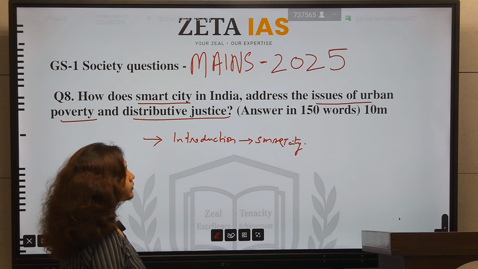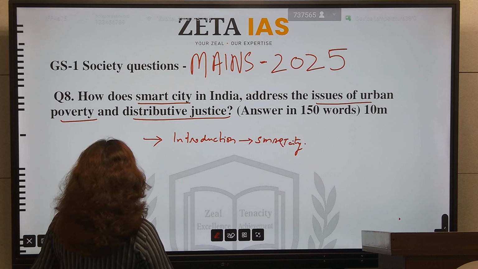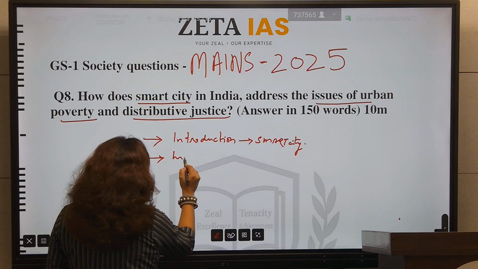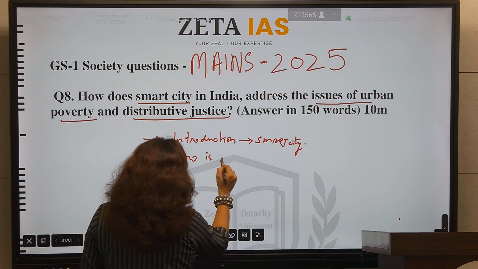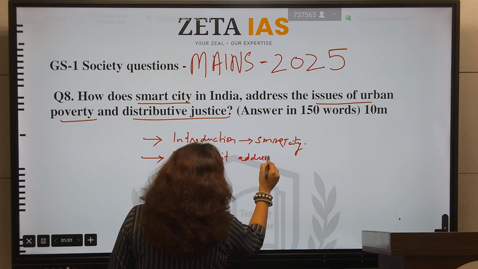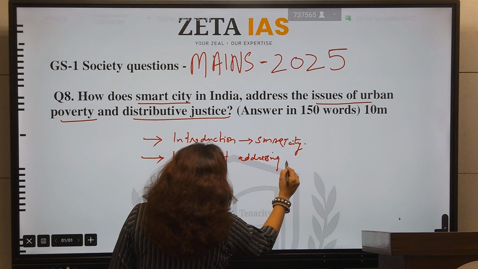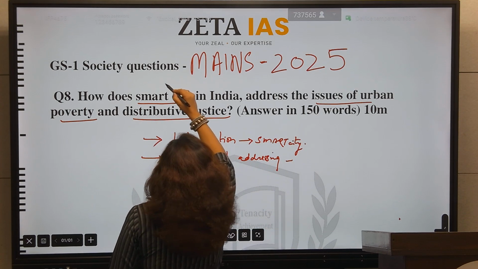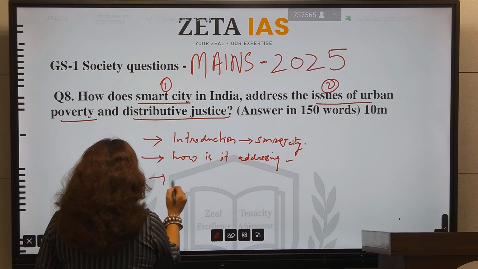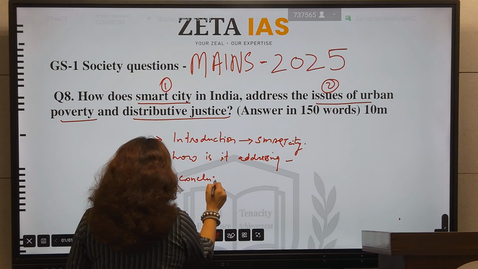So the introduction would be, what is smart city? Second would be, how is it addressing the issue? This is one part, this is the second part, and third would be your simple conclusion.